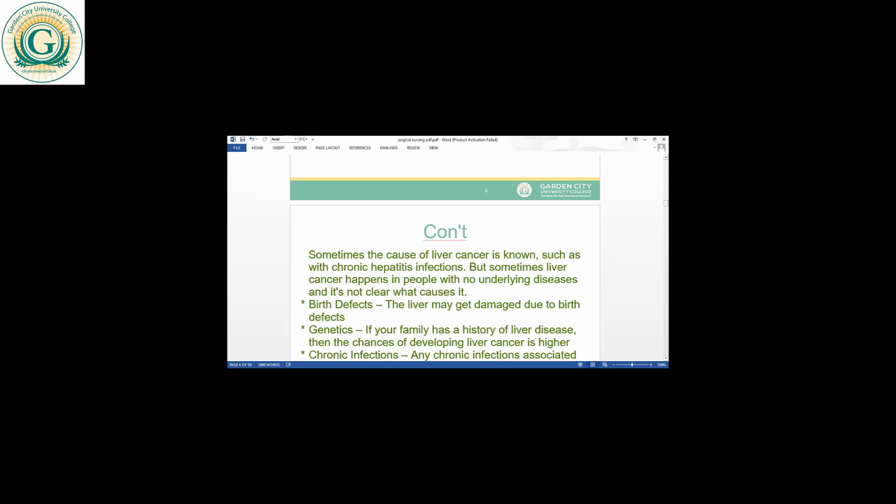We have causes like birth defects. In birth defects, the liver may get damaged. We have genetics: if your family has a history of liver diseases, then your chances of developing liver cancer are much higher.